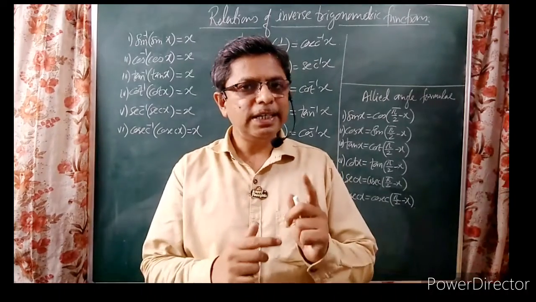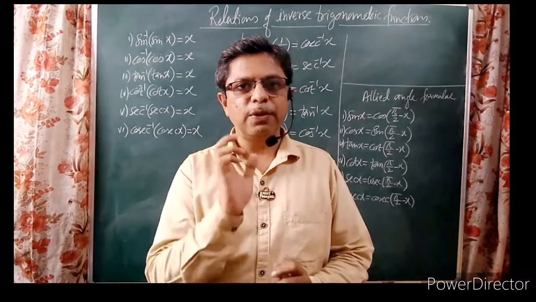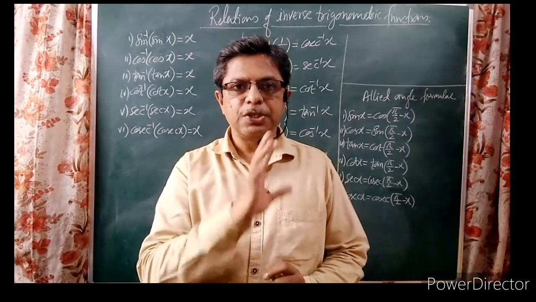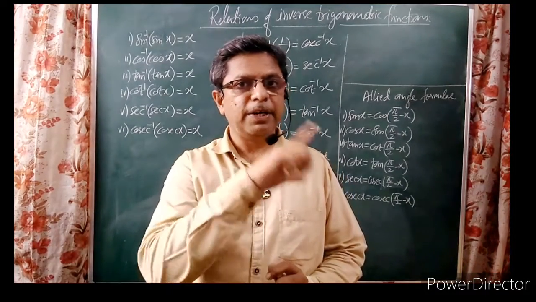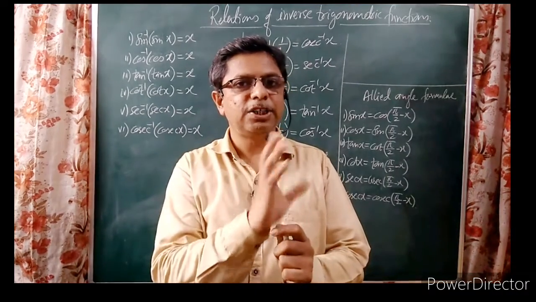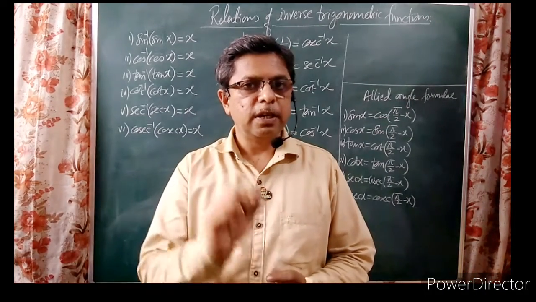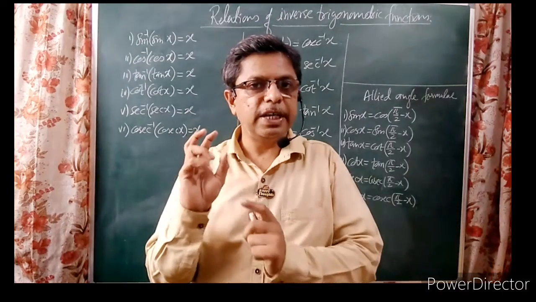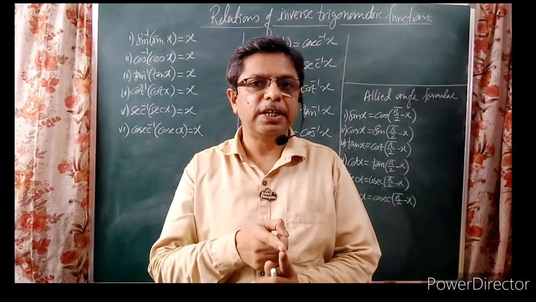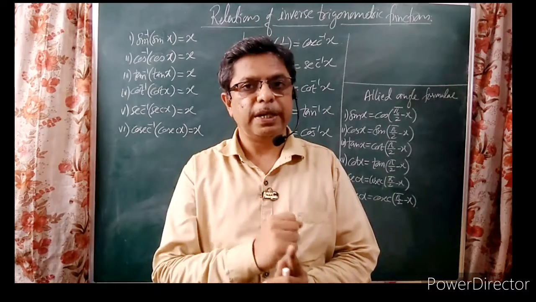Now today we'll go for the second method. In the second method, the outer function is no doubt inverse trigonometric function and the inner function is a trigonometric function. Previously the inner function was any function, but in this case the outer function is inverse trigonometric function while the inner function is trigonometric function or combination of trigonometric functions.